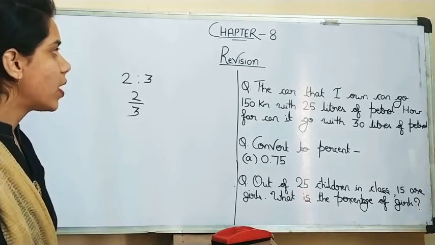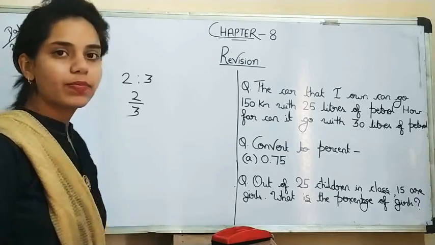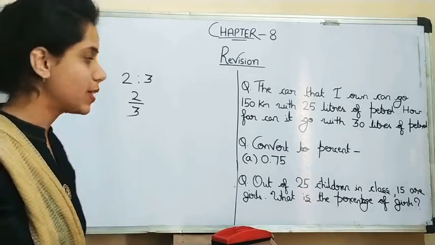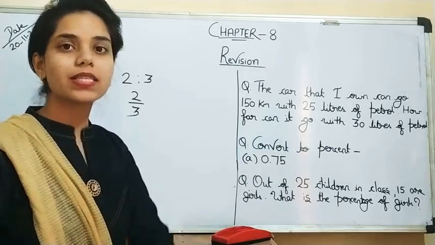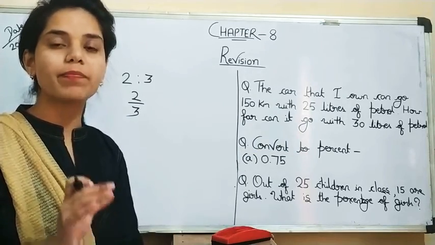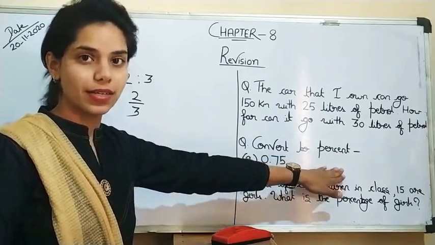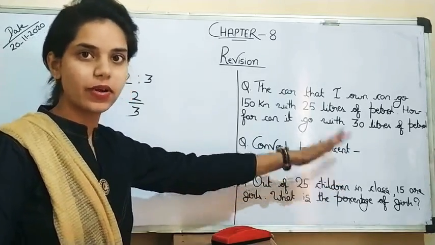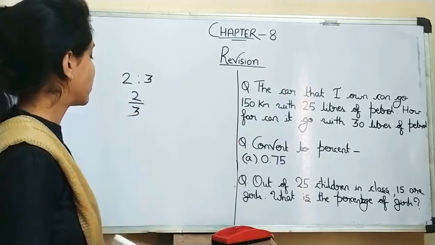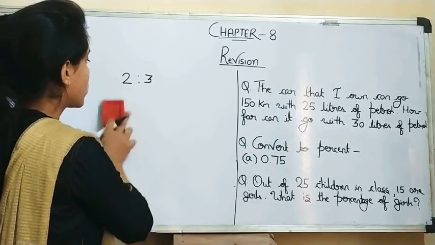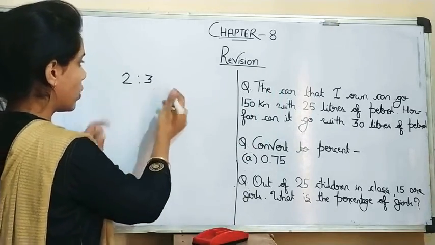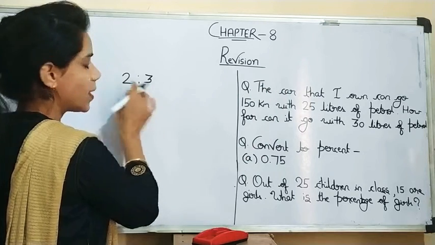Now we can convert ratios into percent like this. What is percent? Percent means out of 100. Per means for each, and cent means 100, so per 100. To convert this ratio into percent, first the whole is 3 plus 2, which is 5.